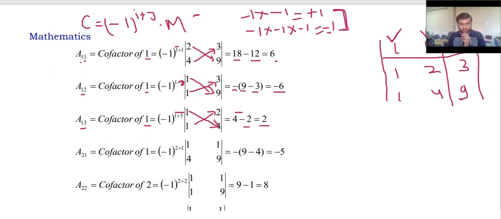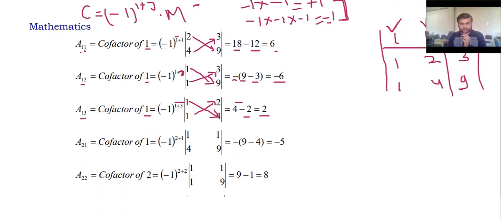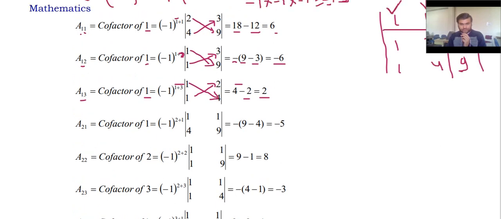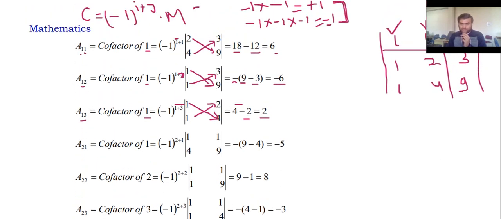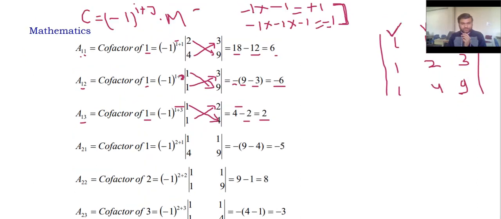Similarly, we can find the cofactors of the second row. Second row means, for example, 2 1, second row first column. So I show you one more number, A21.